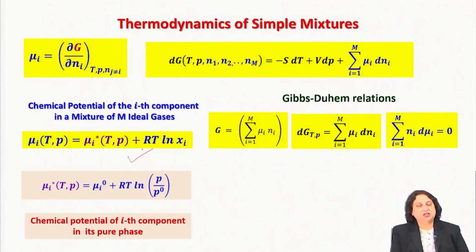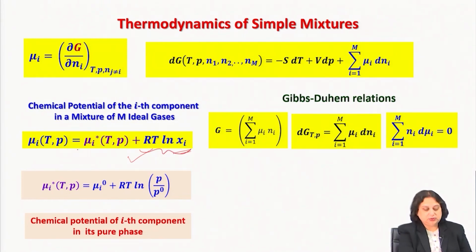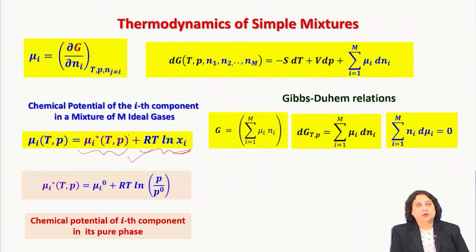the chemical potential of the ith component in terms of its composition in the mixture, and this term enters in addition to the chemical potential of the ith component in its pure phase under the same condition of temperature and pressure.